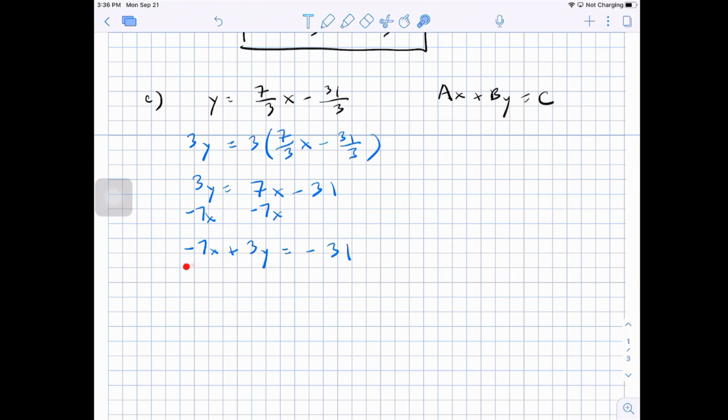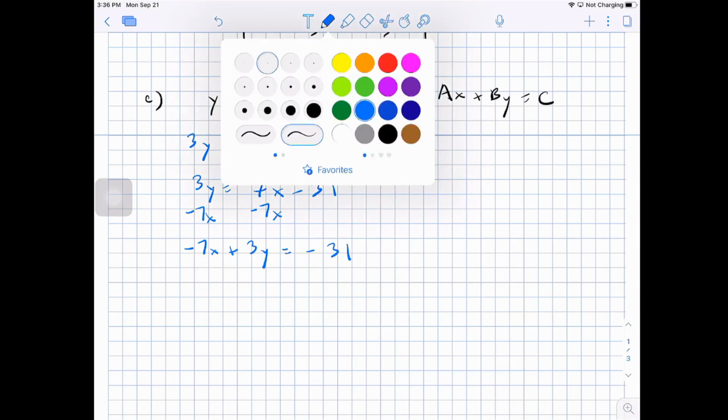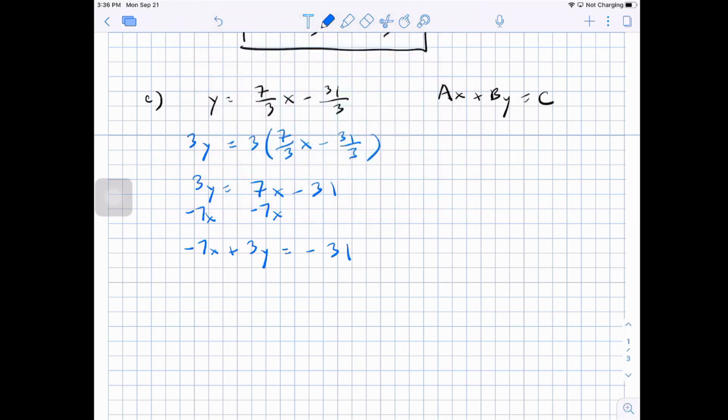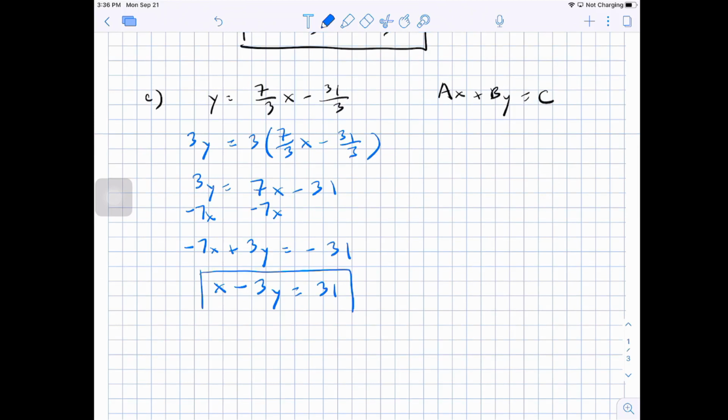One other convention, I think I might have mentioned this before, is sometimes it's taught that you want to have a positive number here in the a position. So what we'll do is we'll go ahead and multiply both sides by negative 1. So we'll end up with x minus 3y equals positive 31. And then we're done. That's the general form, ax plus by equals c. And I think we finished that problem.